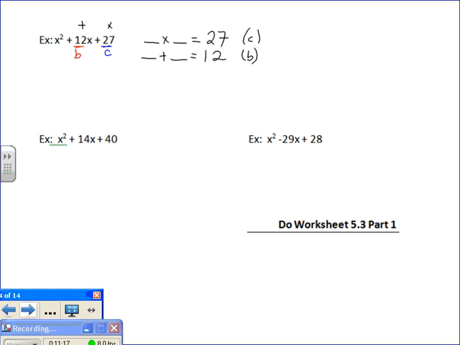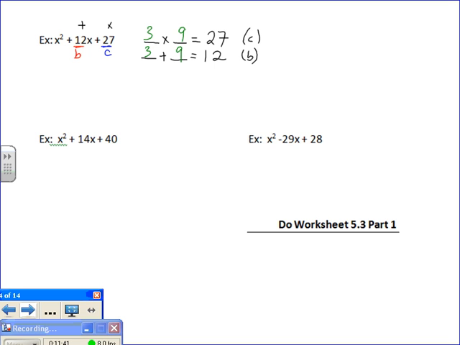Well, what are those two numbers going to be? Let's think about them. What are the factors of 27? 1 and 27, but 1 and 27 won't add to 12. How about 2? Does 2 go into 27? No. Okay, let's try 3. 3 times 9 gives me 27, and 3 plus 9 gives me 12.